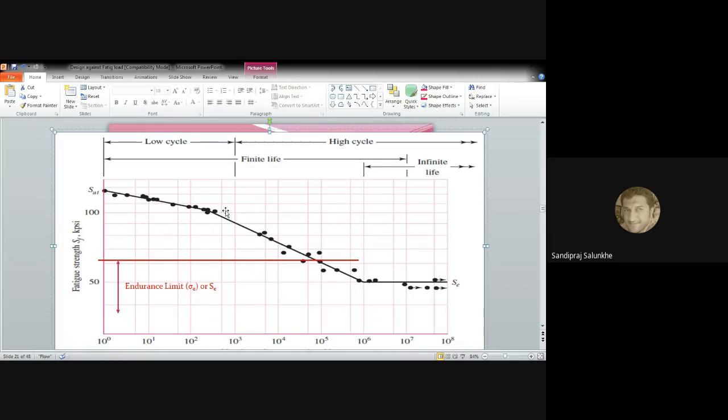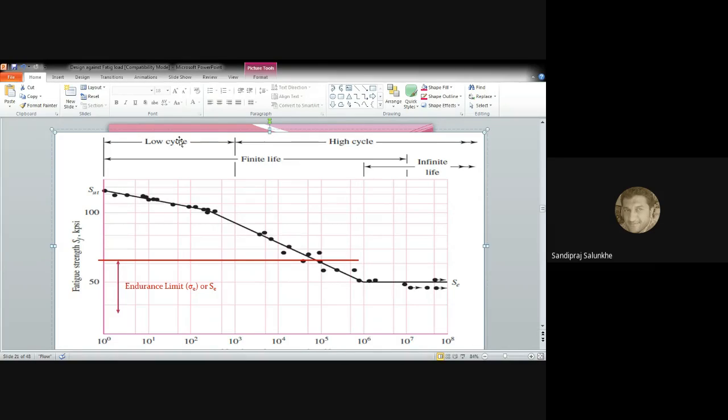they have mentioned some cycles as a value, they have taken 10 raised to 3 number of cycles. If the component fails below 10 raised to 3 number of cycles, then it is called low cycle life.